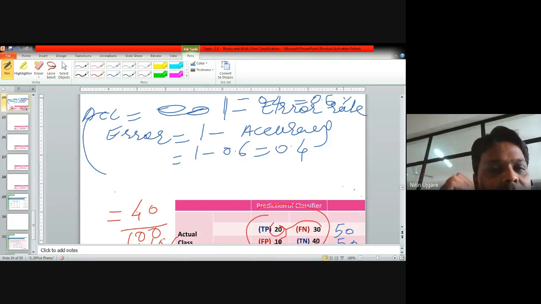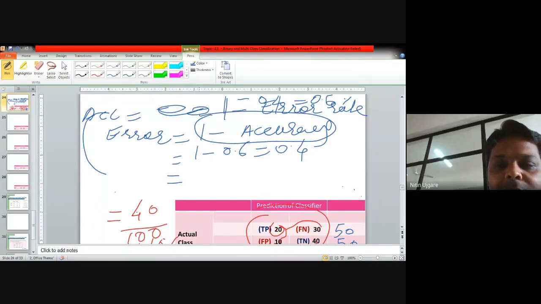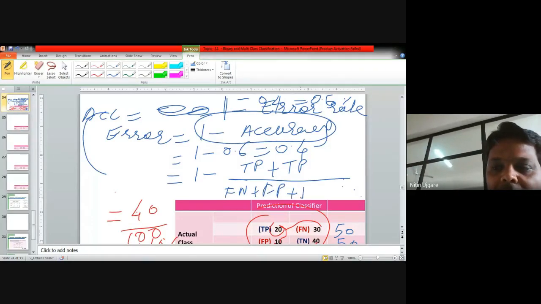Okay, so accuracy and error are inverse to each other. Once you get the accuracy, you can find out the error. If you calculated the error, then you can find out the accuracy. Even we can prove this formula, error is equal to 1 minus accuracy. We know the formula for accuracy: Tp plus Tn divided by Fn plus Fp plus Tn plus Tp, right?